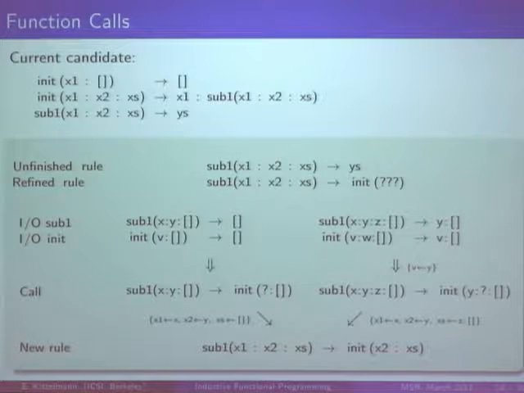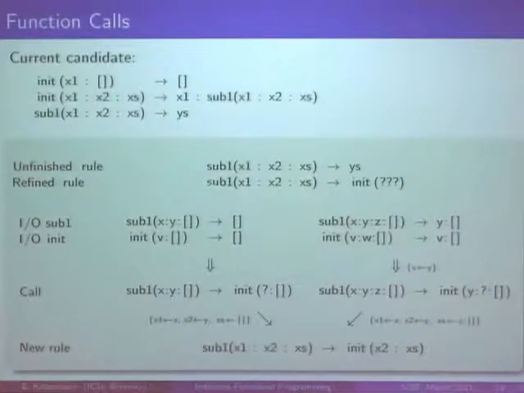So if we want to replace this output here by a call to init, then we need to go from sub1 applied to x, y, empty list to init of some variable, empty list. Okay, and the same here. Okay, and now we have to merge these two rules into this target rule. And if we choose this argument here, then we have these mappings here.